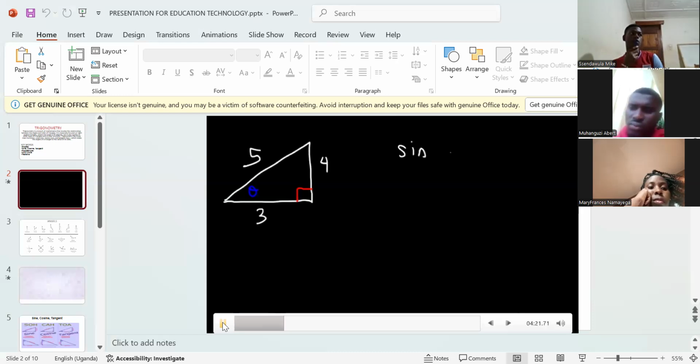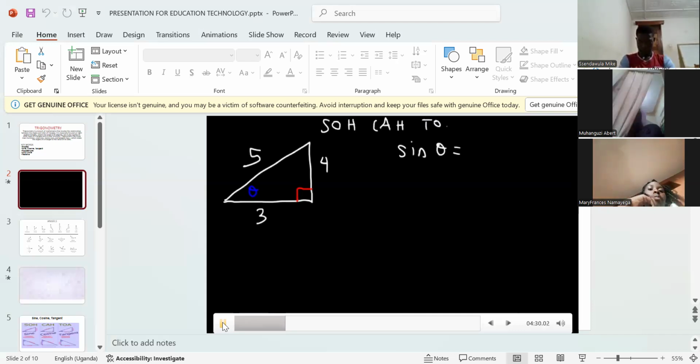So what is the value of sine theta? According to SOHCAHTOA, we know that sine theta is equal to the opposite side divided by the hypotenuse, in the part SOH. Opposite to theta is 4, and the hypotenuse is 5.